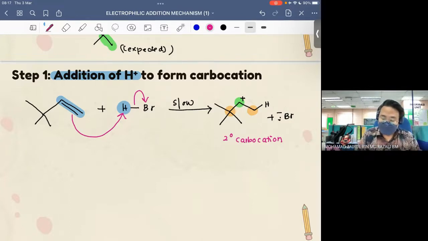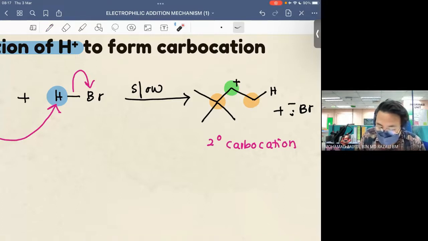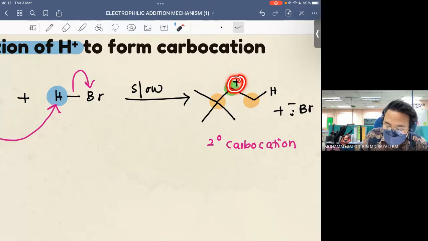Okay, so kalau saya cuba pindahkan positive charge to this carbon, saya akan hasilkan primary carbocation which is the least stable. So, saya tak nak. Okay, tapi kalau saya cuba pindahkan this positive charge to this carbon, so ada possibility untuk saya hasilkan tertiary carbocation.